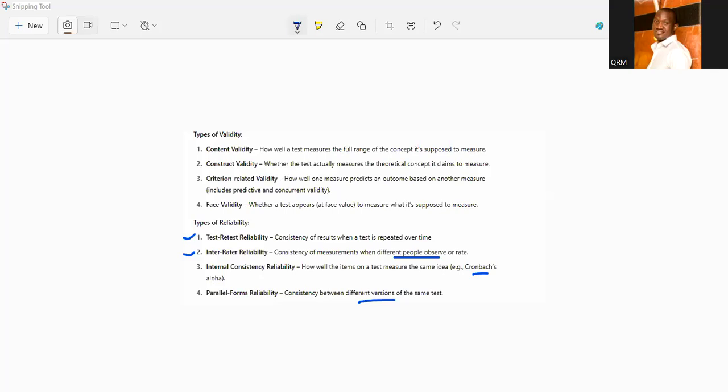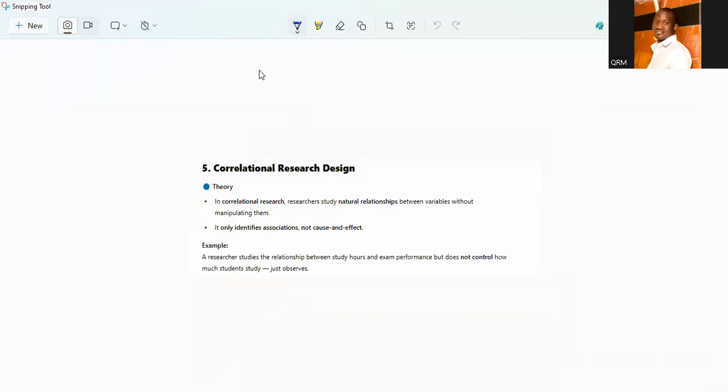Then we also looked at the research designs. We talked about research designs that fall under qualitative and research designs that fall under quantitative. So there's correlational research, which is used to measure the natural relationships that exist. Correlation research design, which we use to measure what? Natural relationships between variables without manipulating them.